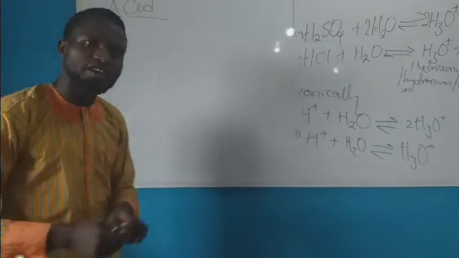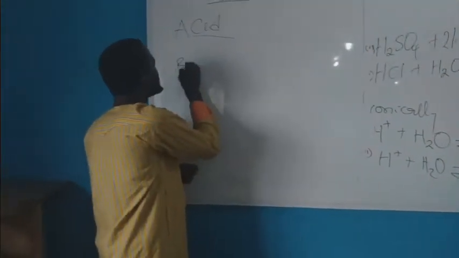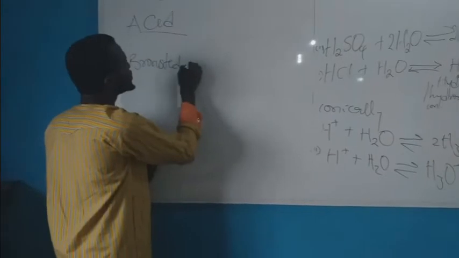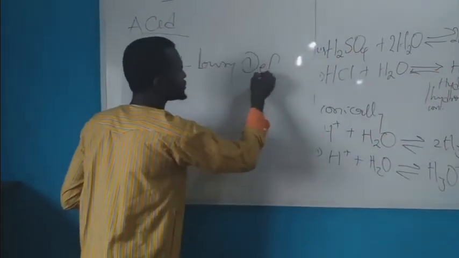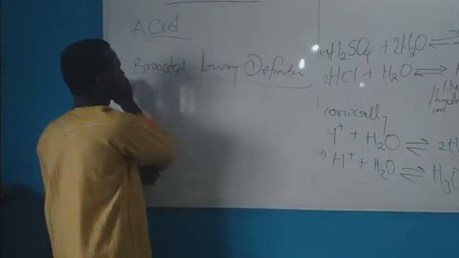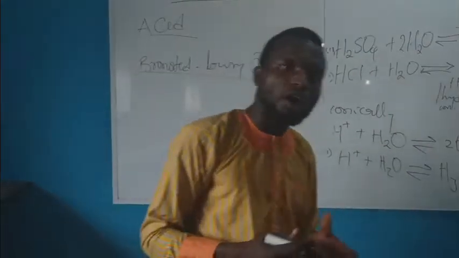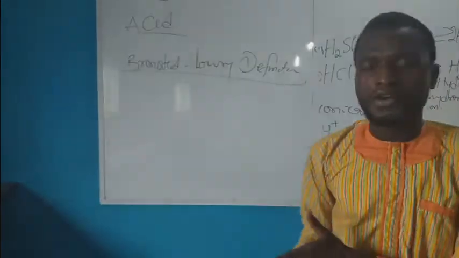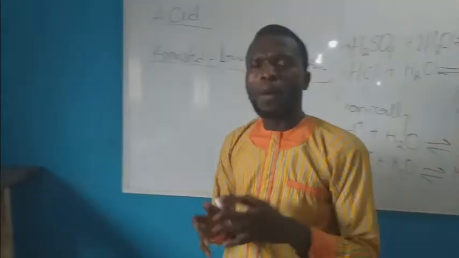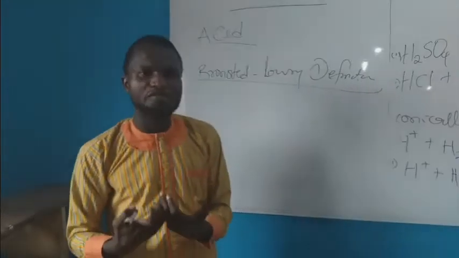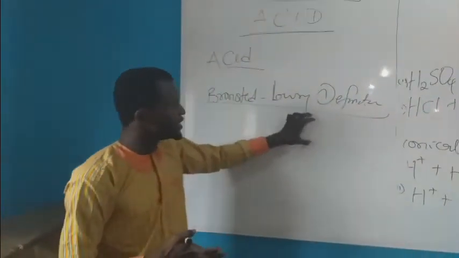The second definition is called the Bronsted-Lowry definition. J.N. Bronsted of Denmark and T.M. Lowry of England independently propounded a definition of acid.